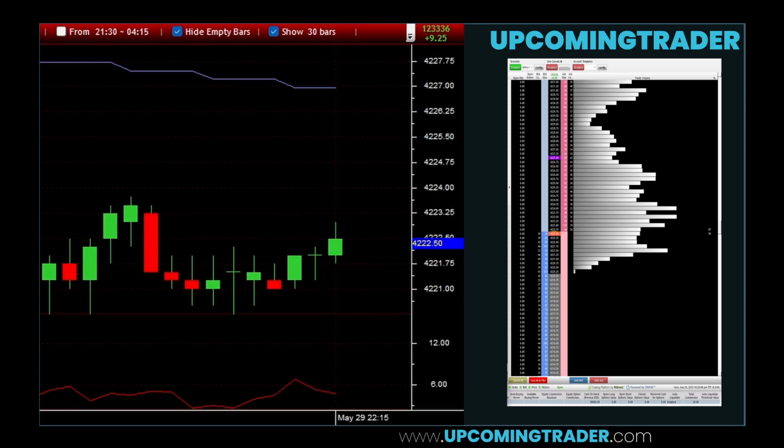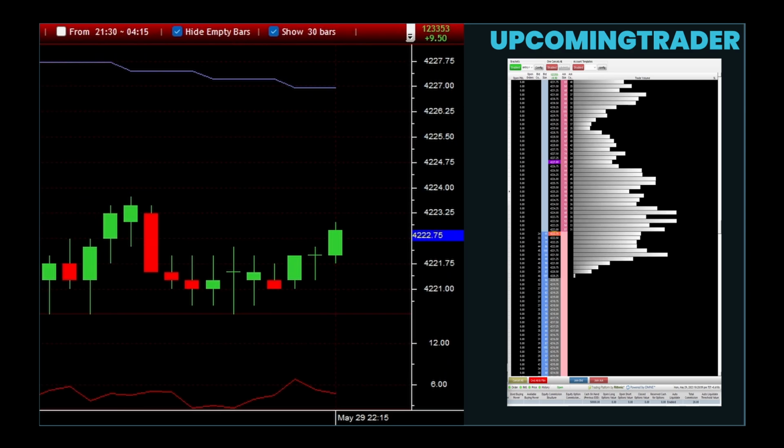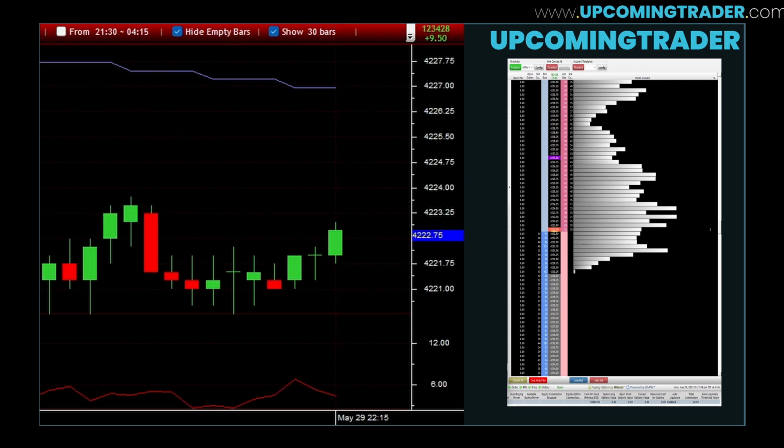These areas of single prints can act as support or resistance when revisited, as they represent levels where the market showed strong directional conviction with minimal interest in establishing value. The return to a single print area can lead to a significant reaction, either confirming the previous rejection or breaking through it, thus providing critical insights for planning trades.